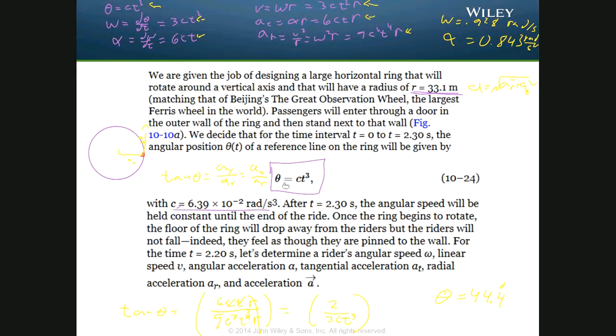Remember, everything is given with this function theta equals ct. From there, we were able to take time derivatives to get omega and alpha, and we could use our linear to rotational expressions to get v, the tangential acceleration, and the radial acceleration, right? And that gave us our terms. All we have to do is plug in the radius, the c value for the constant, and then it asks you to evaluate everything at a time equal to 2.2 seconds.